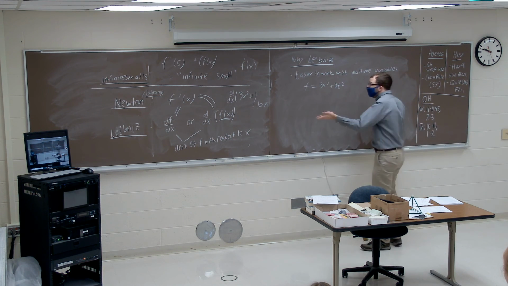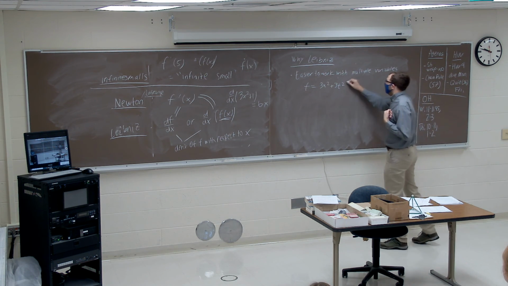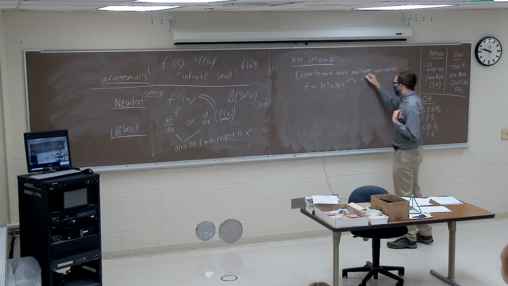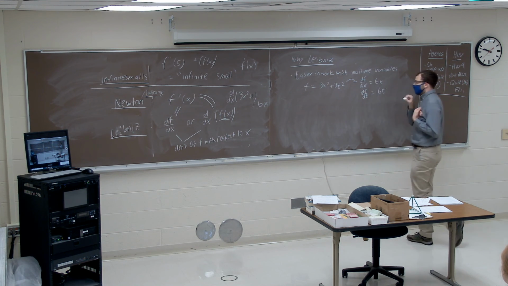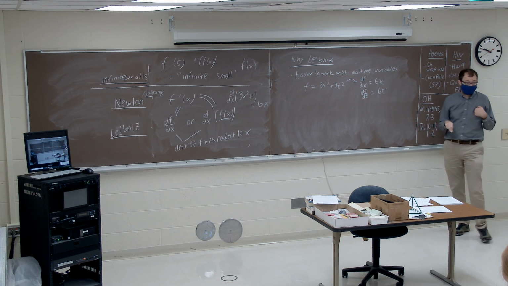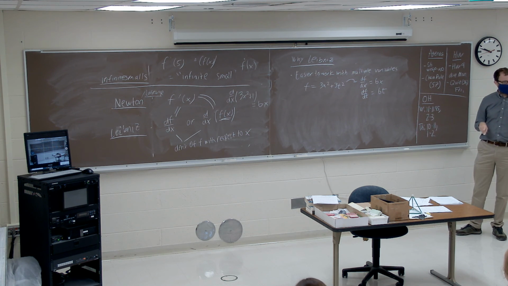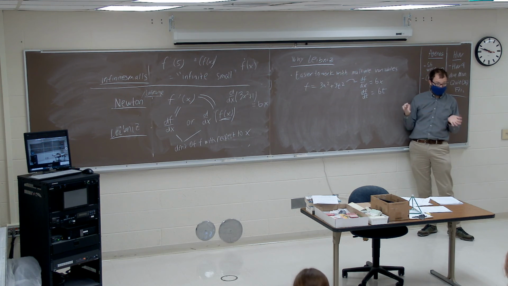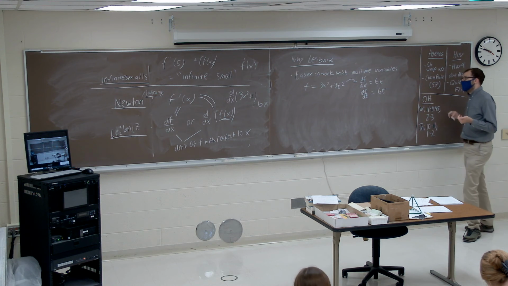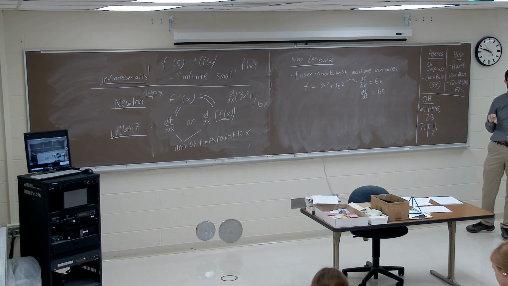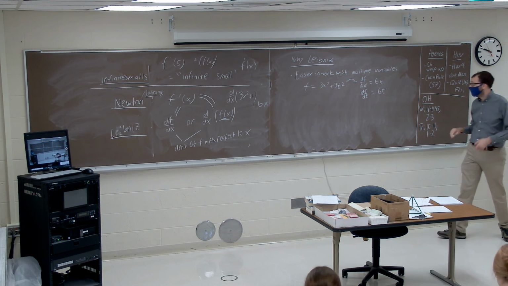So using Leibniz's notation, we could say something like df dx is going to be 6x, whereas df dt is going to be, say, 6t for this particular function. And we're going to see a lot of this going forward, functions that have multiple variables in them, and we want a nicer way of keeping track of which variable we're taking our derivative with respect to.